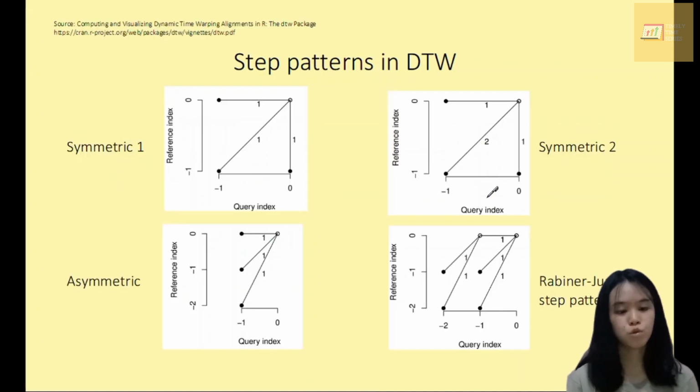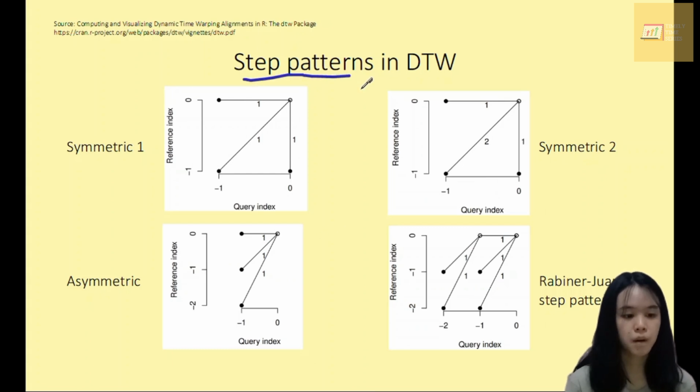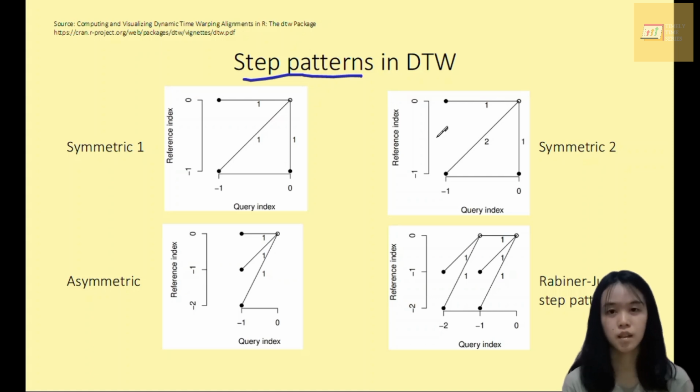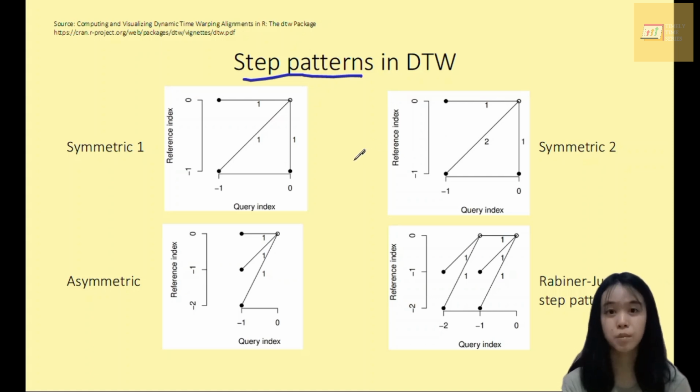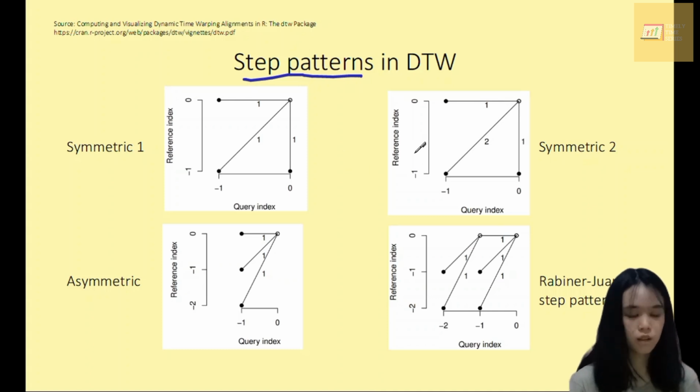And then another notion in DTW is about step patterns. Step patterns are about where you can go while traversing the distance matrix, the distance matrix between elements in shape descriptors. There are several very common step patterns. Probably the two most common are symmetric 1 and symmetric 2.